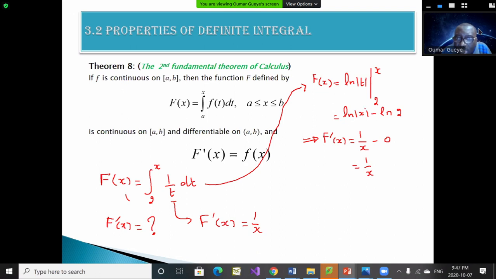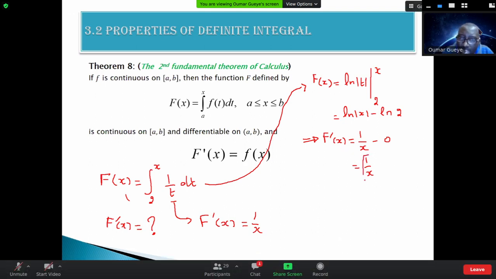If I differentiate the first term, you will get 1 over x. You differentiate the second term, it is going to be 0. And you can notice now, this calculation gives me 1 over x. And I get the same solution without doing any calculation. I just apply exactly what the theorem told me. That's it. Is it okay?